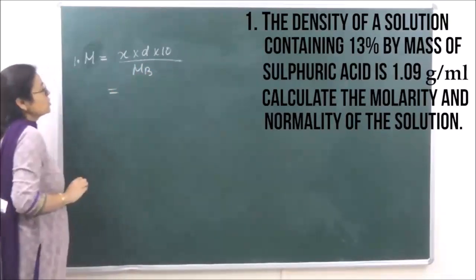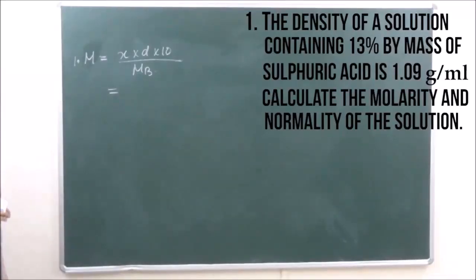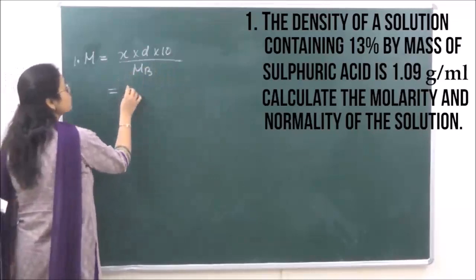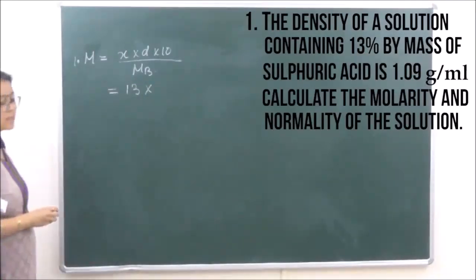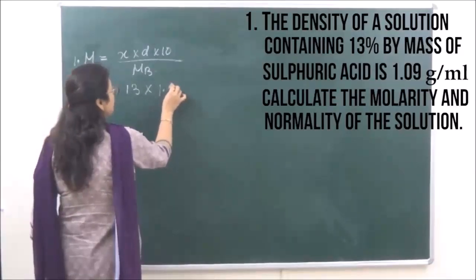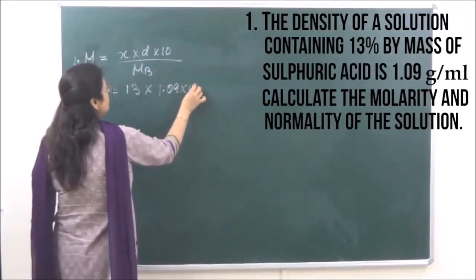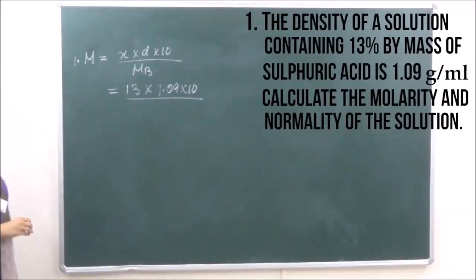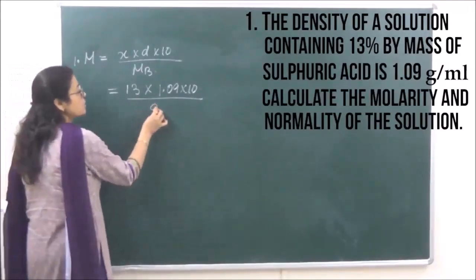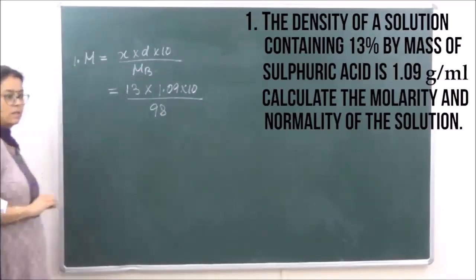Now if you look at the question, the percentage of the solution is given as 13%. So you can see in the question 13, and the density of the solution given is 1.09 into 10 divided by molar mass of sulfuric acid, which is 98.